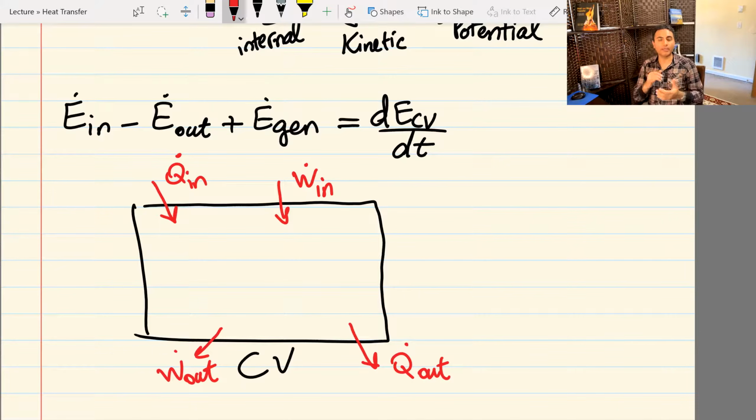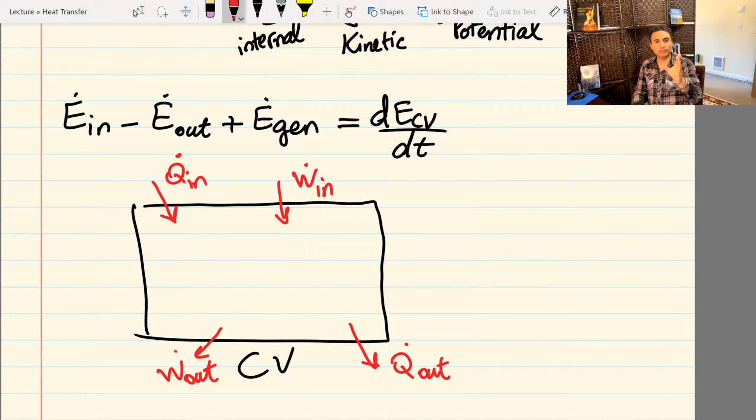So one more time, energy that is transferred to the system or comes out of the system without mass, just through the boundaries, is either heat transfer or work, or heat transfer rate or power: Q and W, Q dot and W dot.